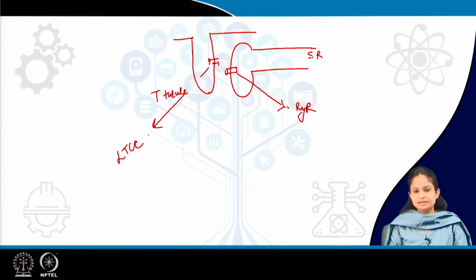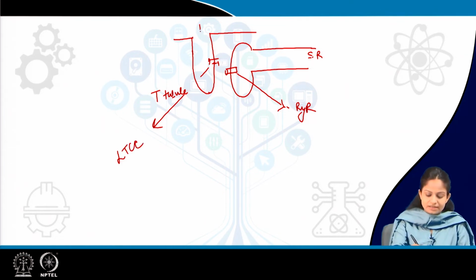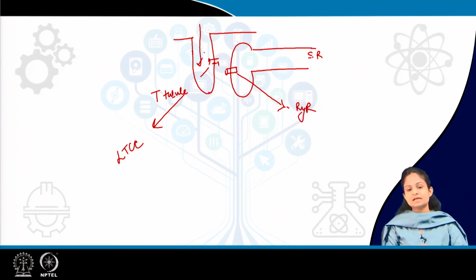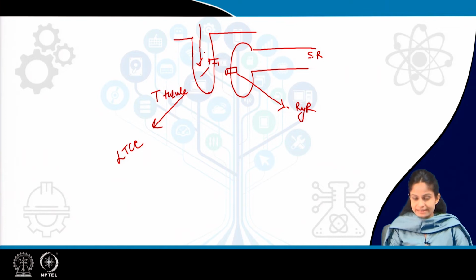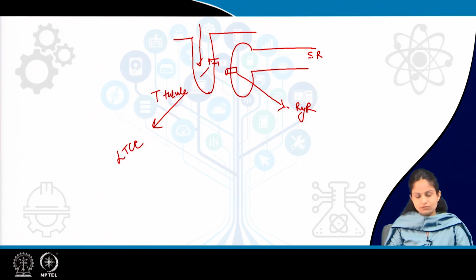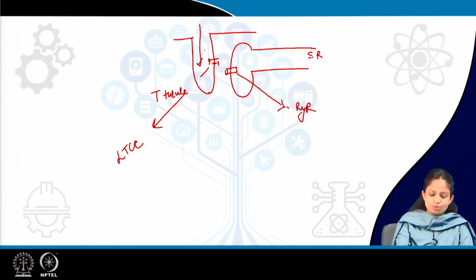Now, whenever there is an action potential generated and it traverses the T tubule, these channels are the voltage sensors. Voltage sensors means there are more positive charges over here.